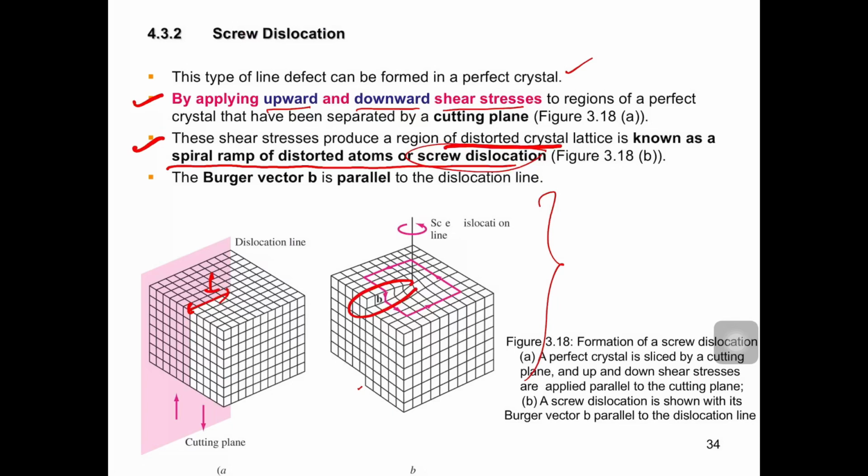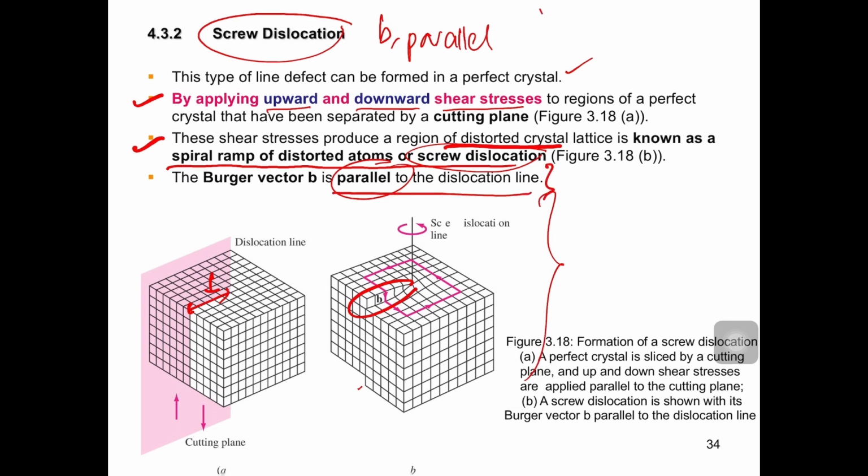For the screw, the Burgers vector is parallel, parallel to the dislocation line.